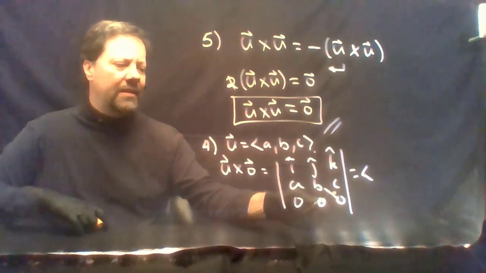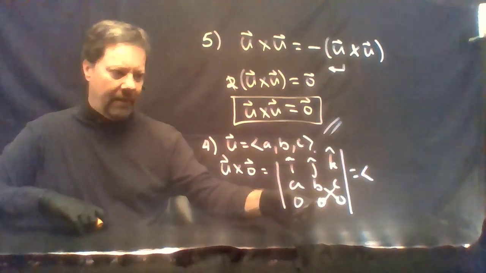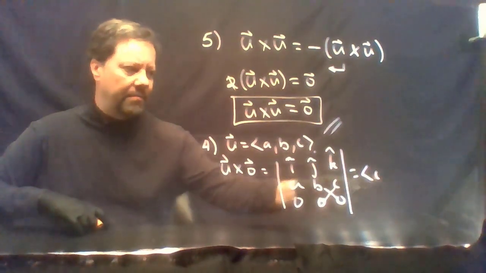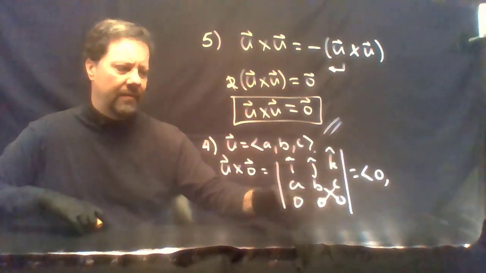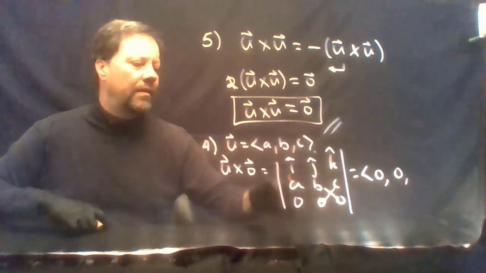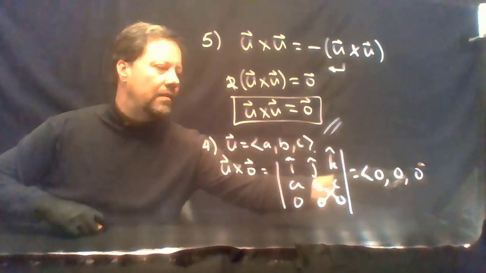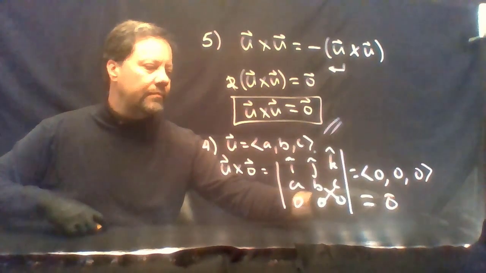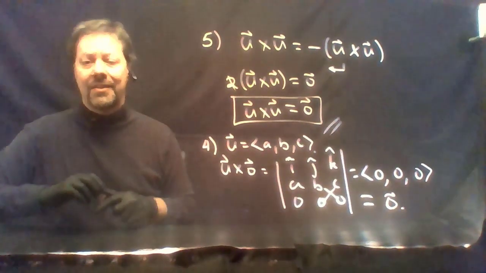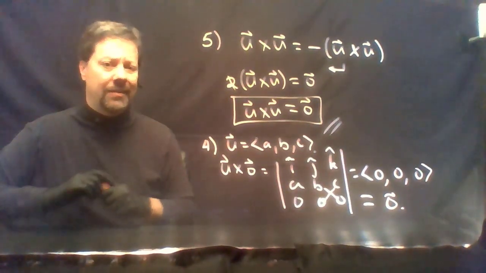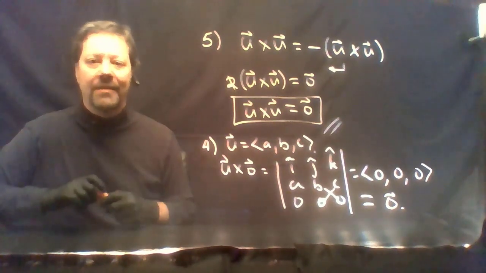You see, I always end up with a factor of 0 on each term. And so if one factor in the cross product is the 0 vector, then the answer is the 0 vector.